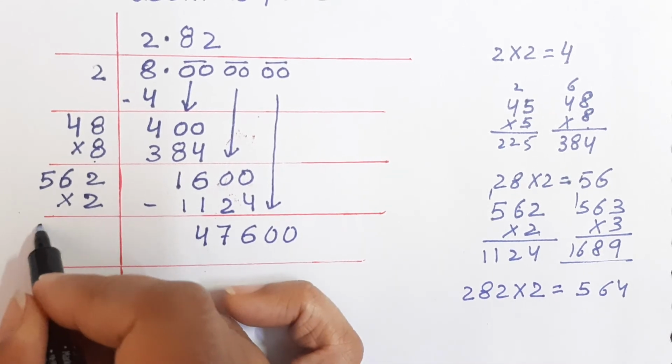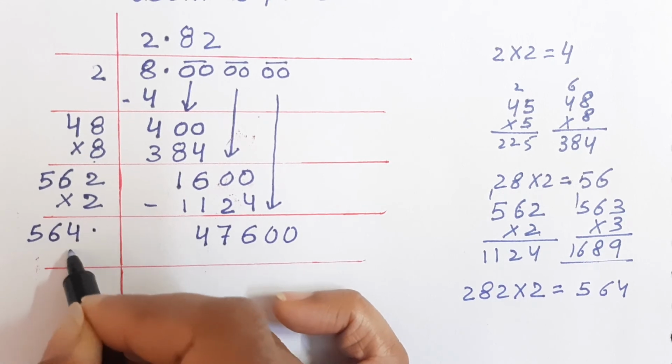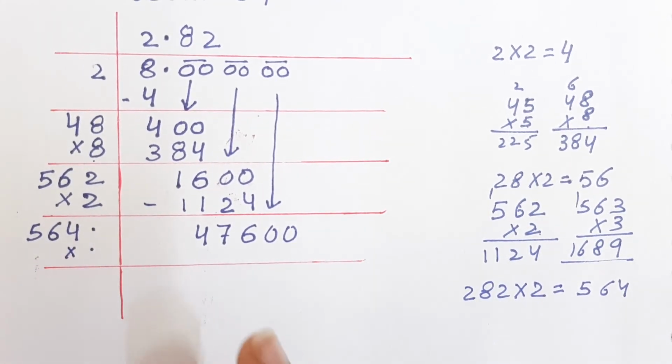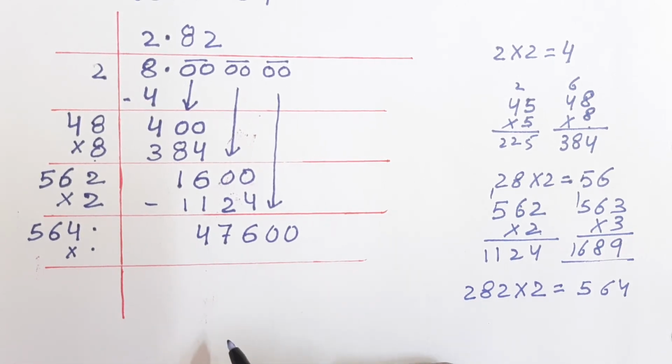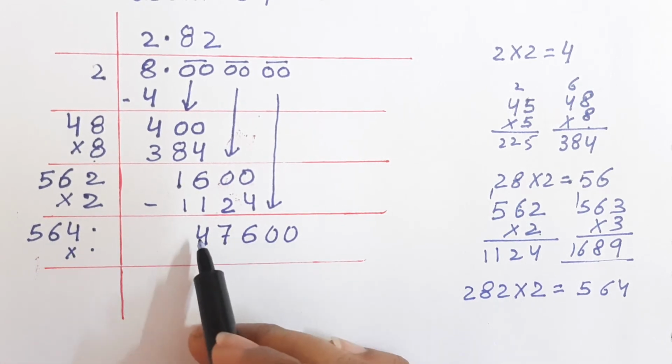So 564. Then again we'll multiply with the same number so that I'll come closer to 47600. So let us choose a little bigger number because it seems to be a big value here.